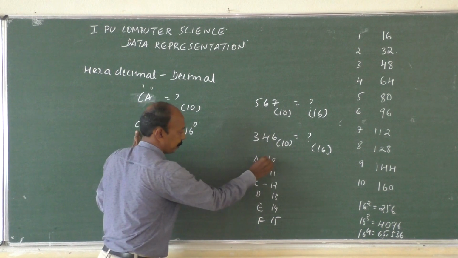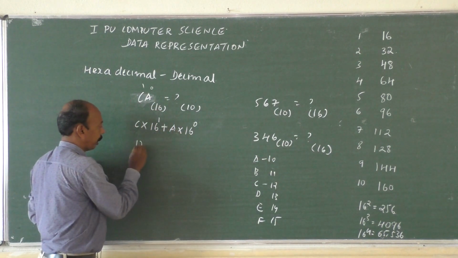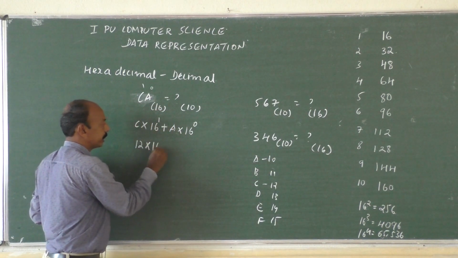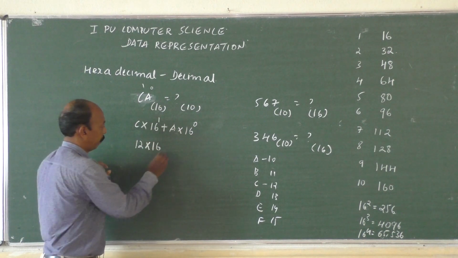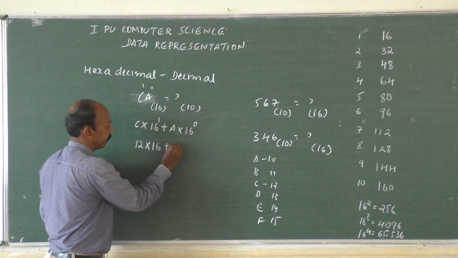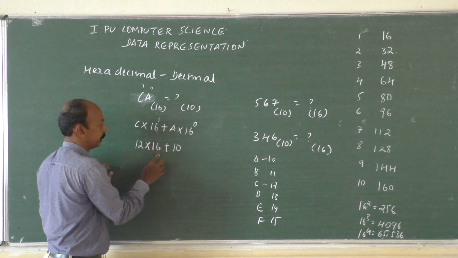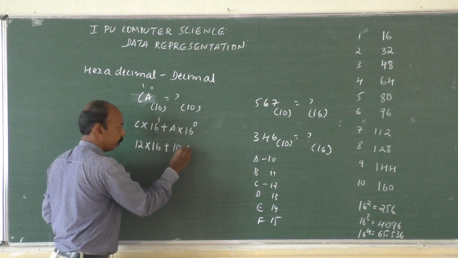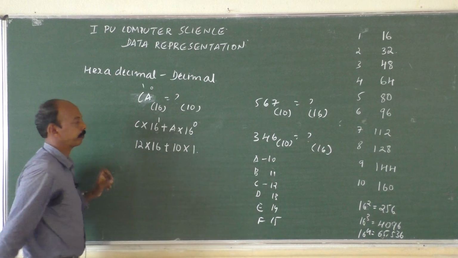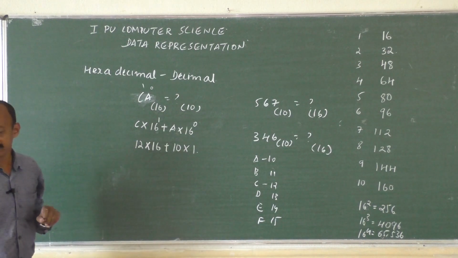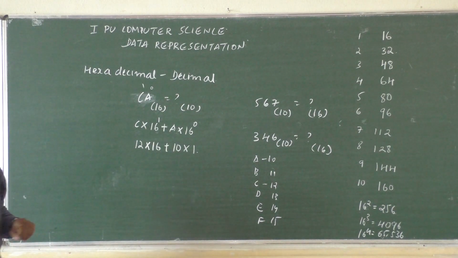C and A. C is what? It's 12. 12 into 16 plus A is 10. 16 to the power 1 is 16. A is 10. 16 to the power 0 is 1. Multiply 12 into 16.